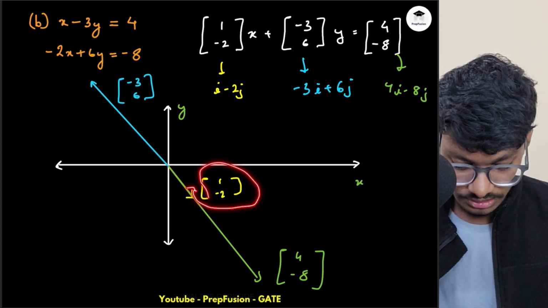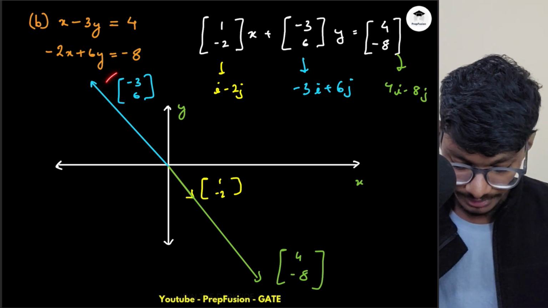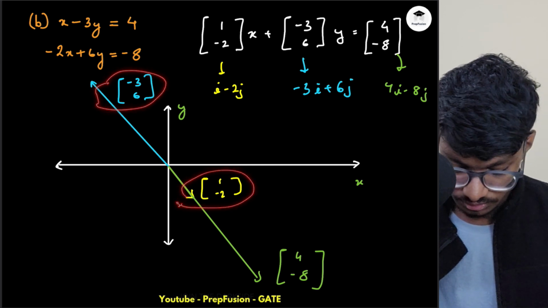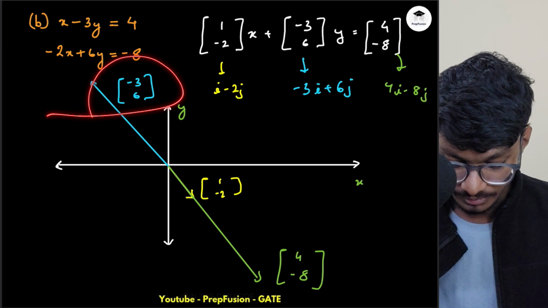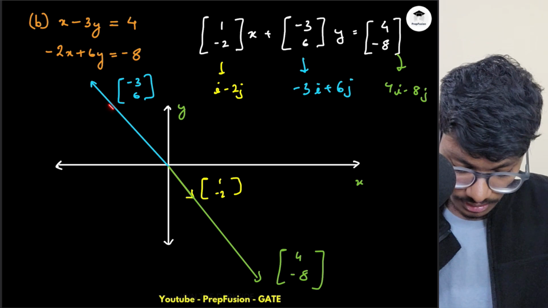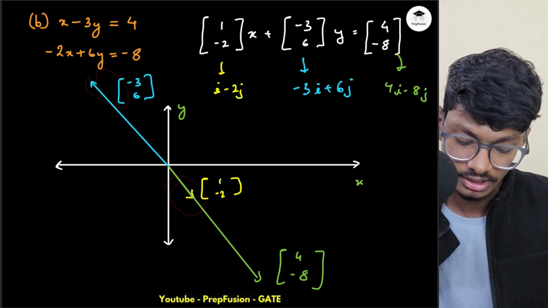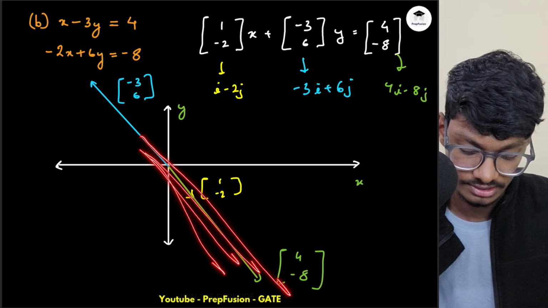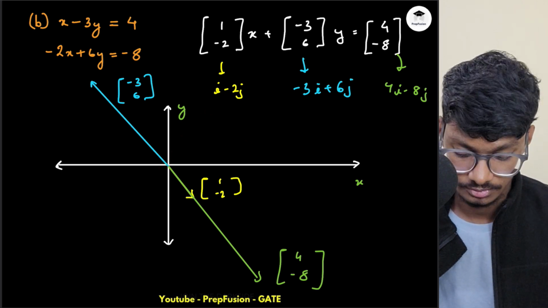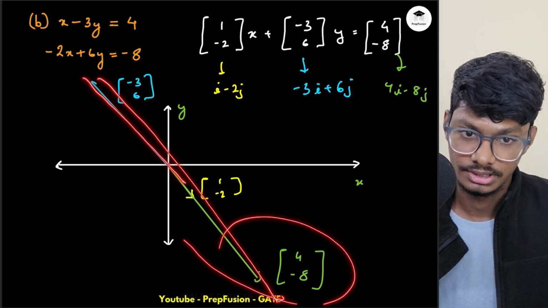If I take one of this, or if I take minus 2 of this and 2 of this, then it will satisfy, and it can satisfy infinitely many solutions, because I can take any length proportional to this, and another one I can add, and still I will end up on the same line itself. These two vectors are in the same straight line, and the resultant is also in the same straight line, same vector.